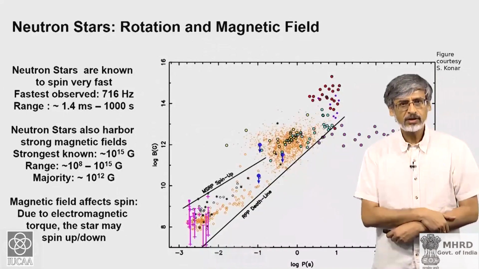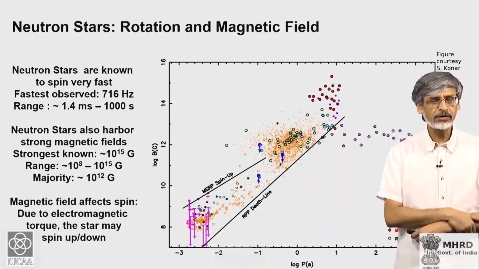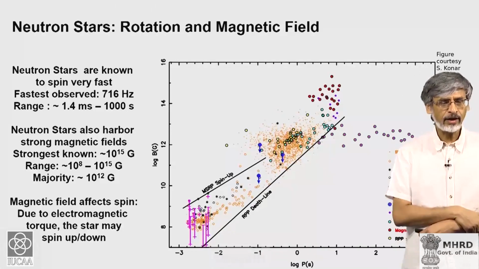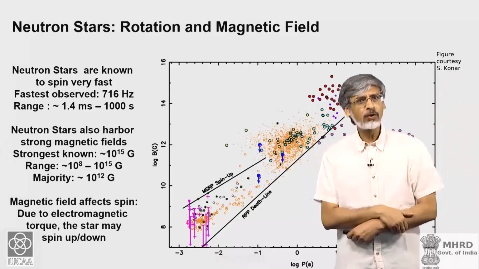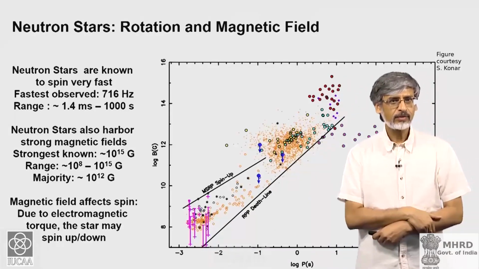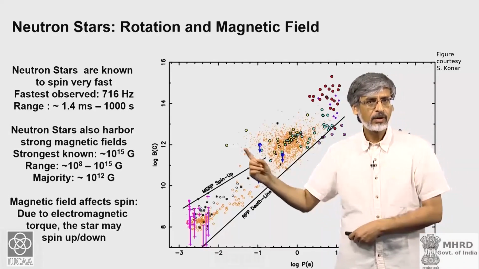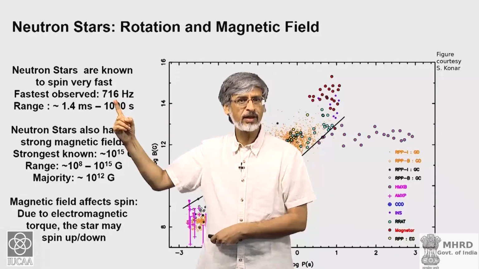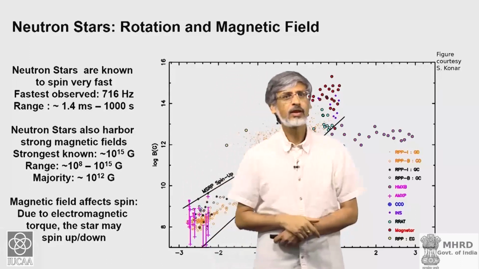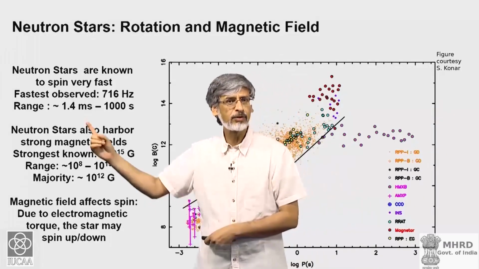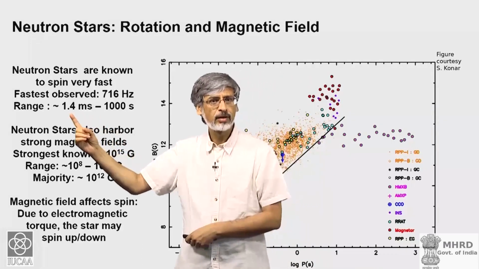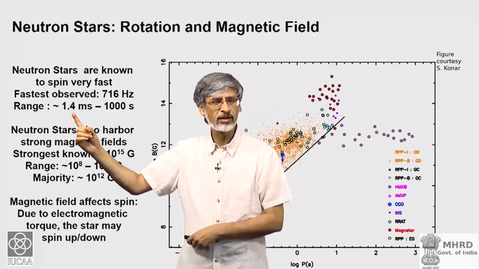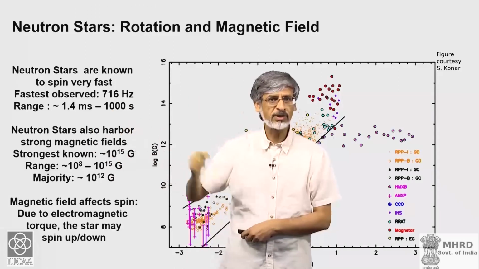Now, we come to the other attributes of neutron stars, they being the rotation and the magnetic field. Neutron stars are known to spin very fast. The fastest observed spin of neutron stars is 716 hertz, and the range of observed spins lie in the period range of about 1.4 millisecond to about 1000 seconds.